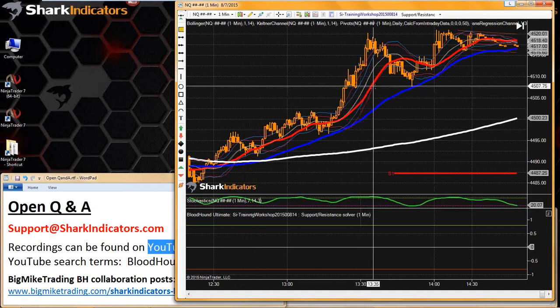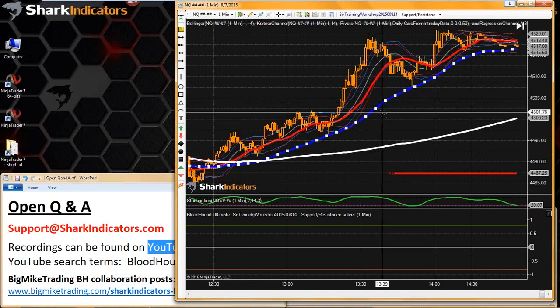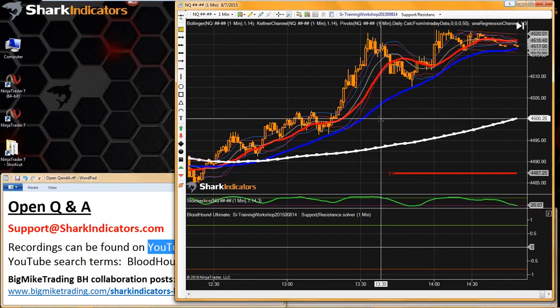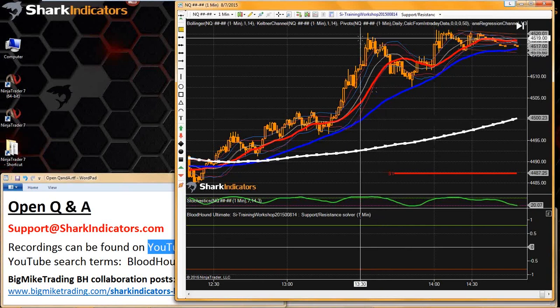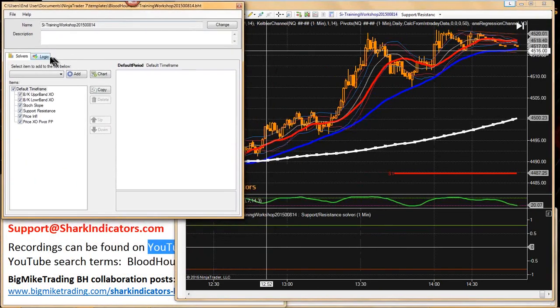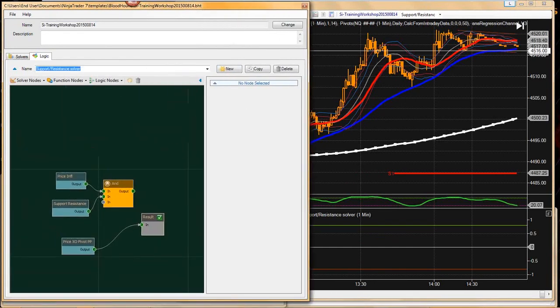All right, so we're going to do a little comparison here. We're going to compare when the 20 is above or below the 50, and the 50 is above or below the 200. Let's put this together real quick.